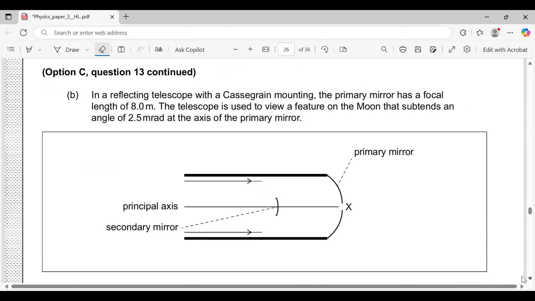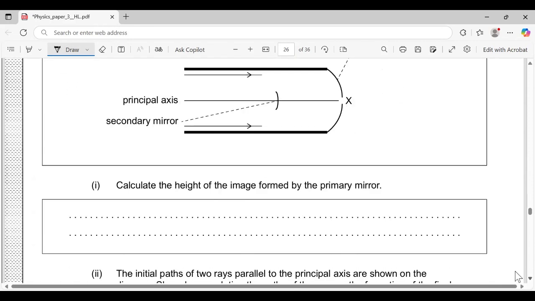In a reflecting telescope with a Cassegrain mounting, the primary mirror has focal length of 8.0 meters. The telescope is used to view a feature on the moon that subtends an angle of 2.5 milliradian at the axis of the primary mirror. Calculate the height of the image formed by the primary mirror. So I will use the formula for height, because the question is about height.